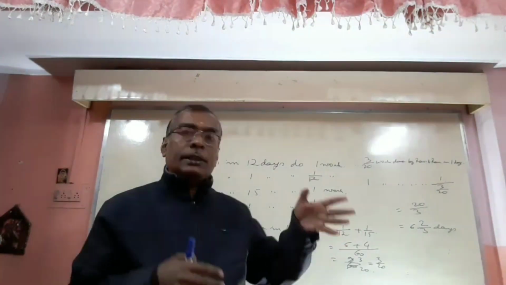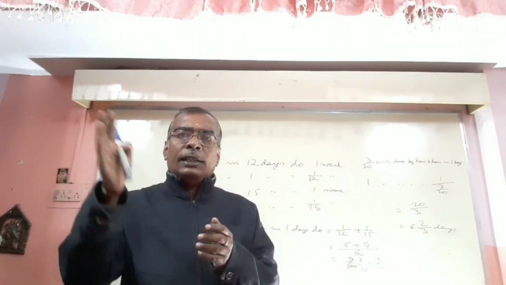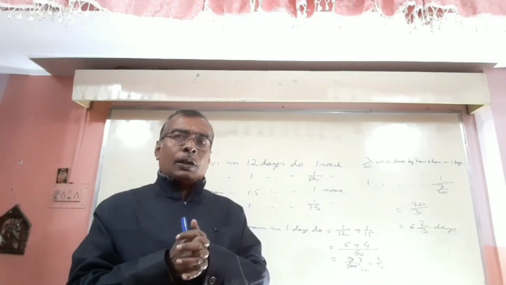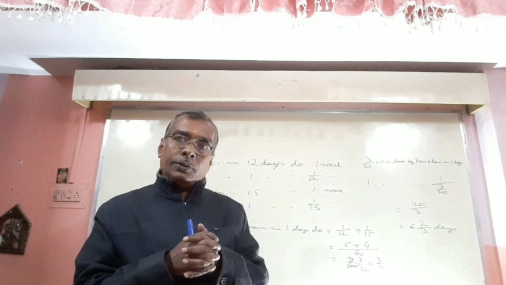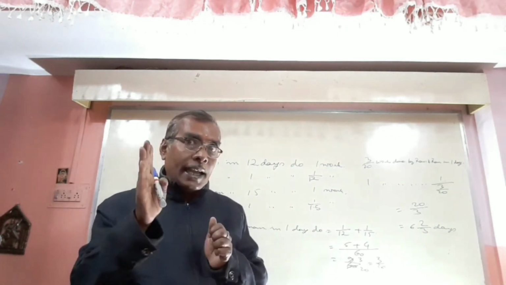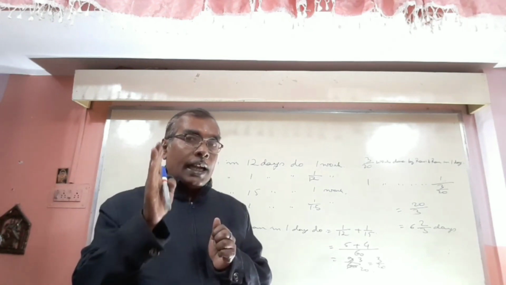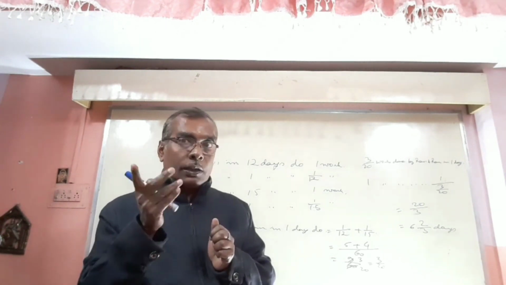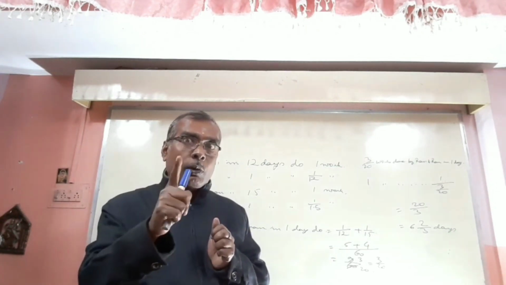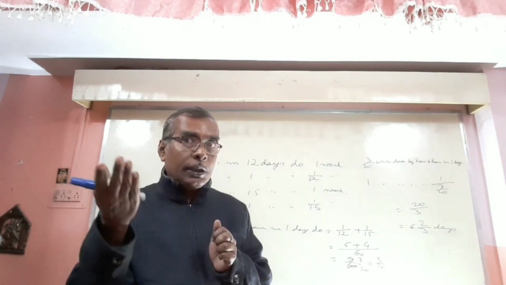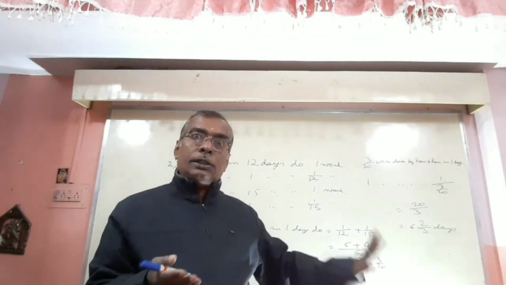If I write the reciprocal, the question will come to your mind, why reciprocal? Again I repeat, you find Ravi and Raman's one day work, then the complete work, that is one work, is done by them in the reciprocal of that much work.